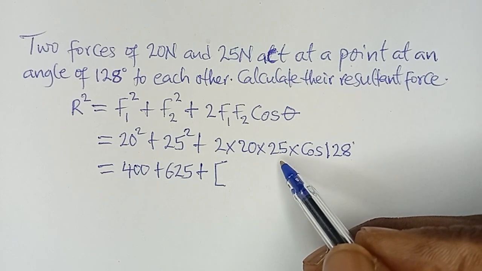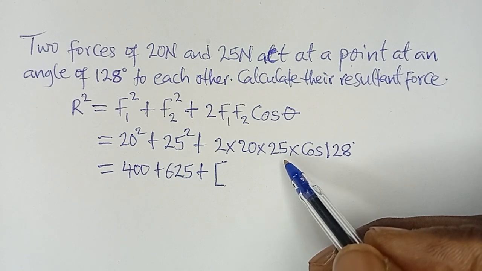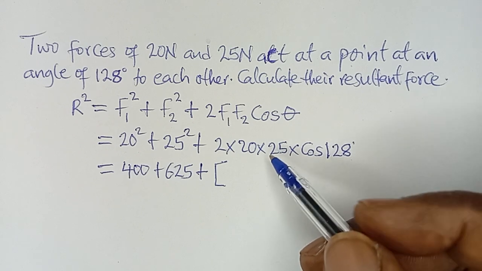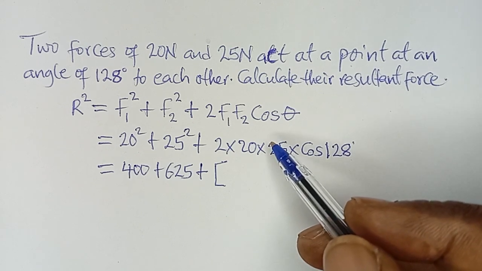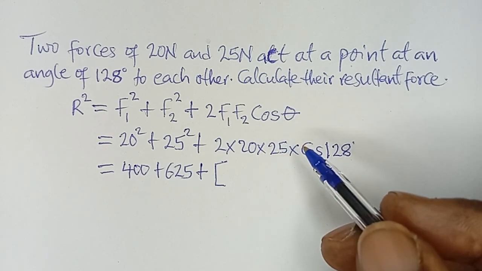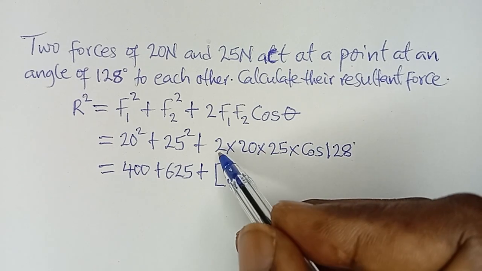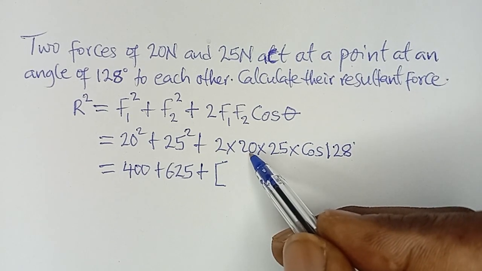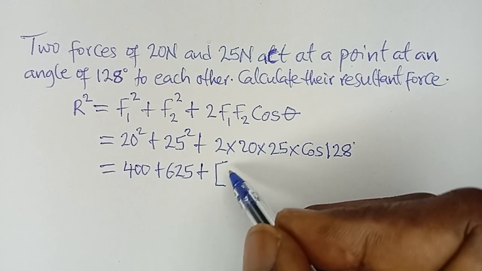40 multiplied by 25 is going to give me 1000. So 2 times this is 40, and then 40 multiplied by this will give me 1000.